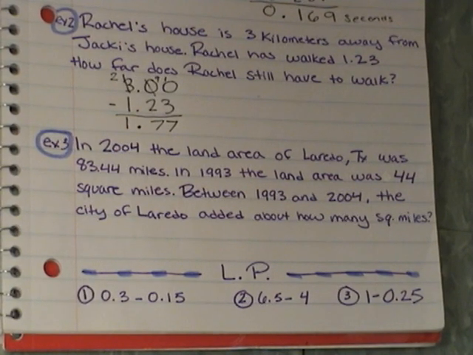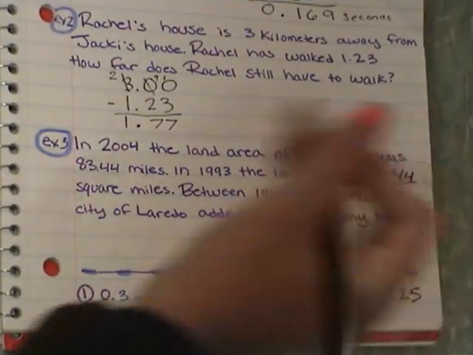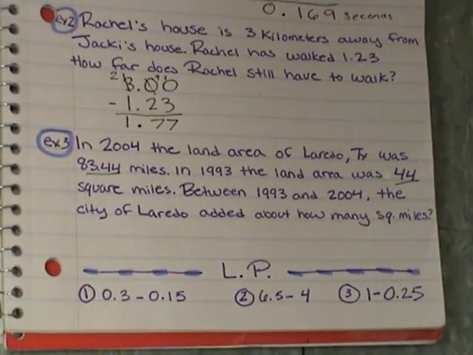Okay, so what we're going to do here is we're going to estimate, okay? So basically, we're going to pick two compatible numbers and work this together. So let's see, our numbers are 44 and 83 and 44 hundredths.